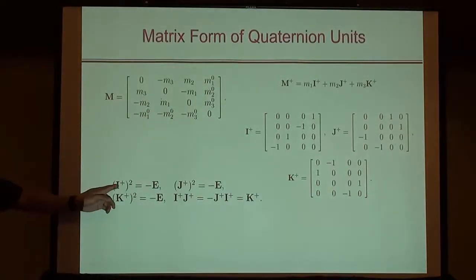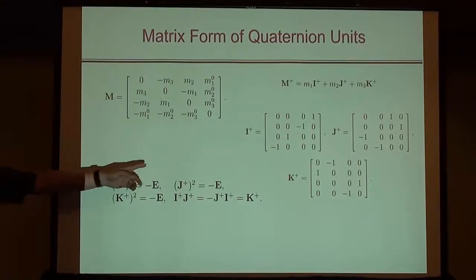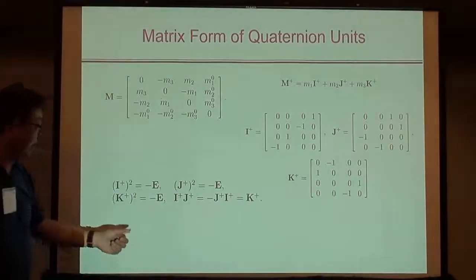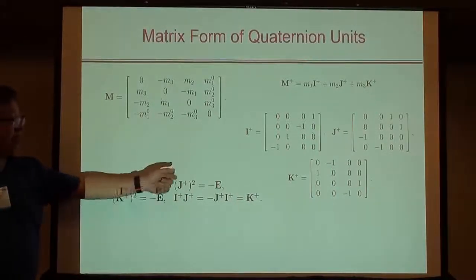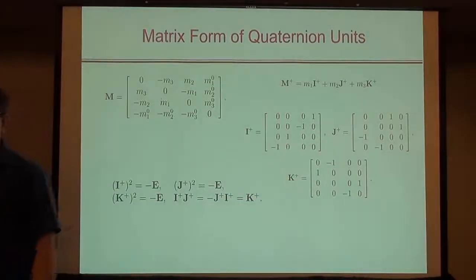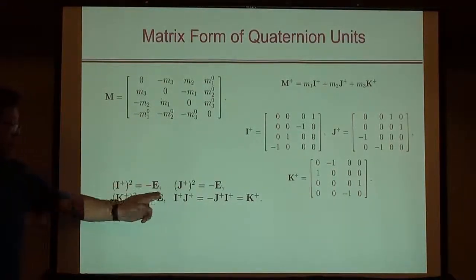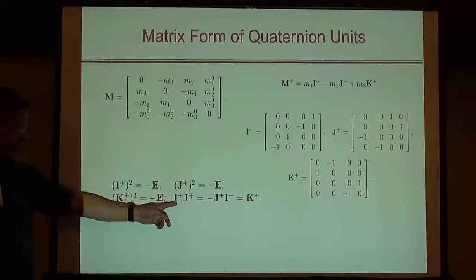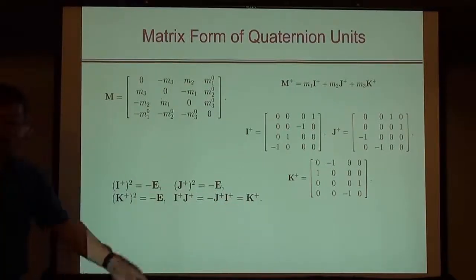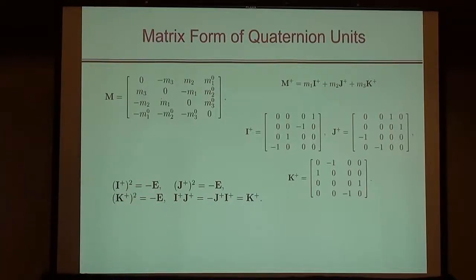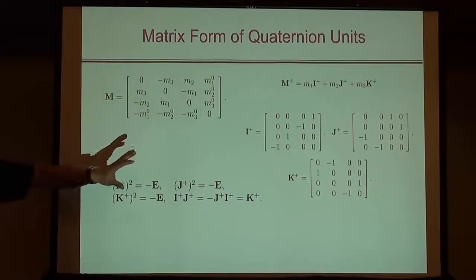And it turned out that if you multiply the I matrix with itself, it is equal to minus E, where E is a 4x4 identity matrix. Same is true for J and K, and I times J equals K, and equals minus J times I. So it fits with quaternion algebra, the units i, j, k, perfectly. Okay. In fact, this is the matrix representation of quaternion units.